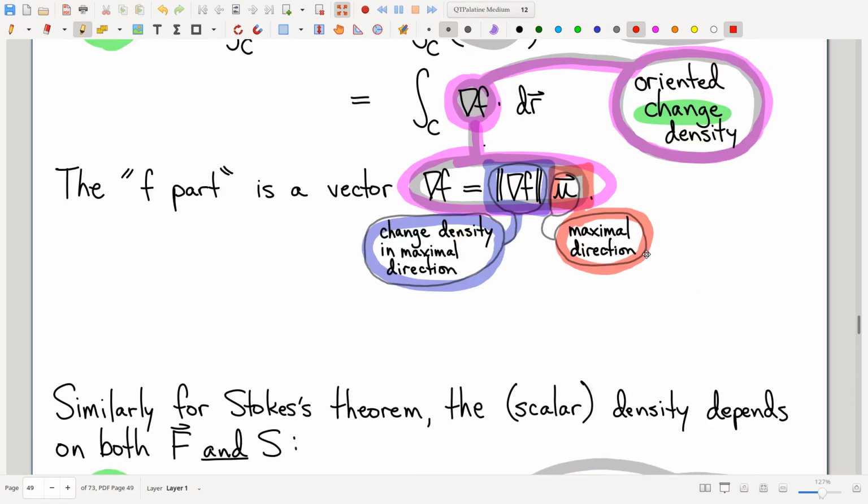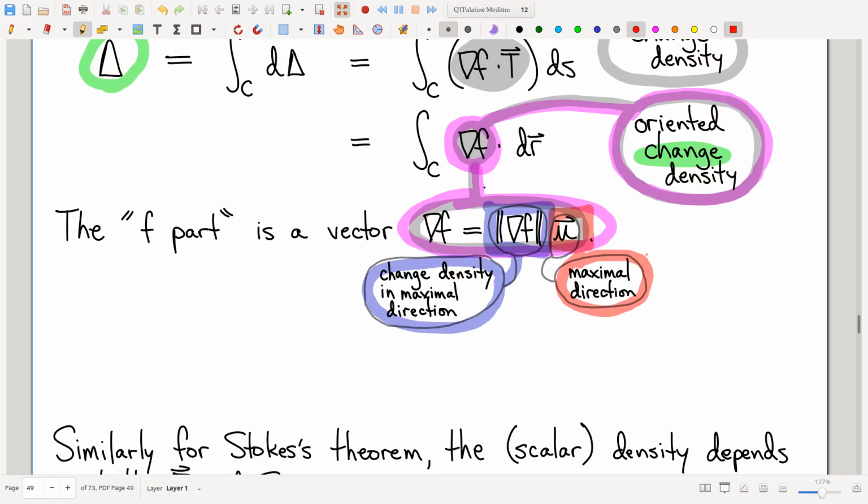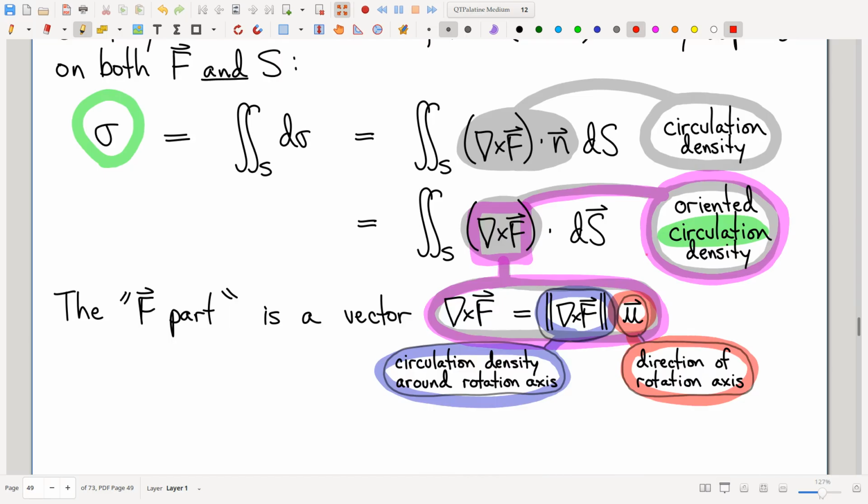So in the same way that the direction of the gradient tells you which direction on the map is uphill, likewise, the direction of the curl tells you, if you have a rotation of your fluid, around what axis that rotation is happening. And so, for example, you can distinguish between a tornado-like rotation like this, going around a vertical axis. Well, the curl will point in that vertical direction. Or if you have a rotation like that around that axis, then the curl will point in that direction.